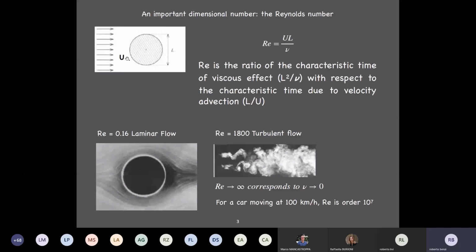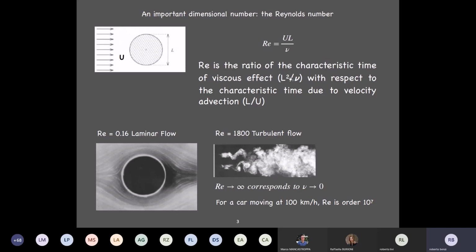The Reynolds number can be defined in many different ways, but what I like to say is that the Reynolds number is the ratio between the characteristic time for the viscosity to act in the system, which goes like L squared over nu, divided by the time scale corresponding to the acceleration time due to inertial effects. So it's the time scale that you need to cross, let's say, these sides at the velocity u.